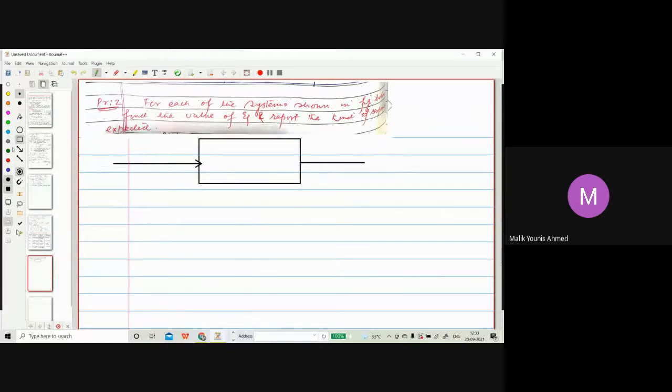So let's say this is input. This is given to us, transfer function 12 divided by s square plus 8s plus 12. And then we have output.